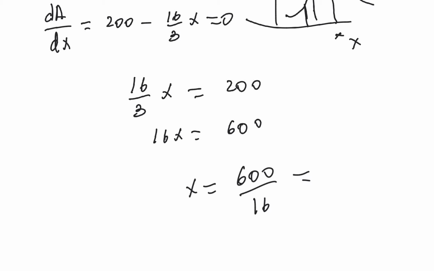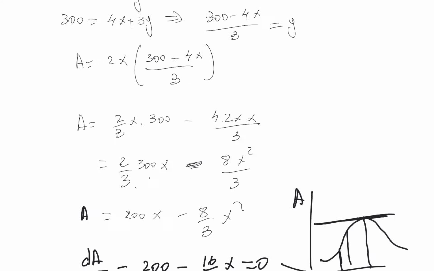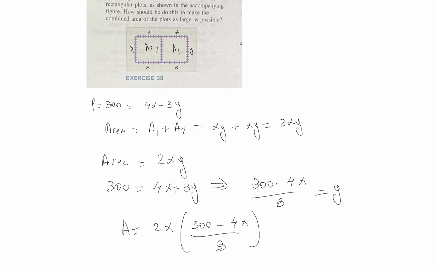And how much is it? Well, you take the calculator and you know how much the x is. And once you know the x, you know the y. Why do you know the y? Because the length is 300. So if you know the x, you can know the y. Okay, let's do it.